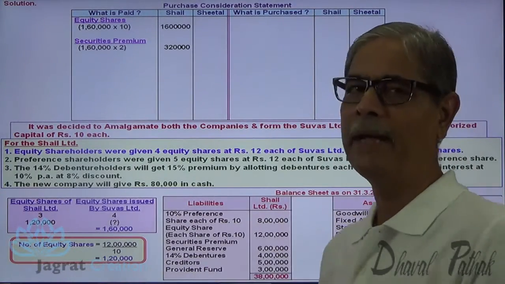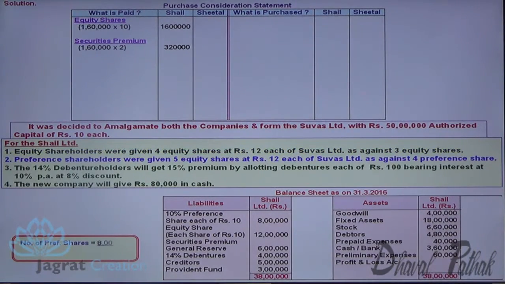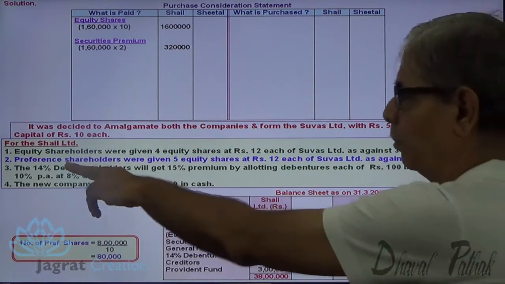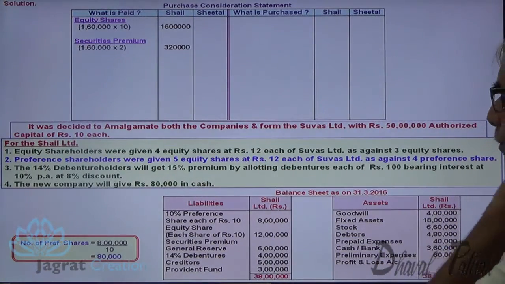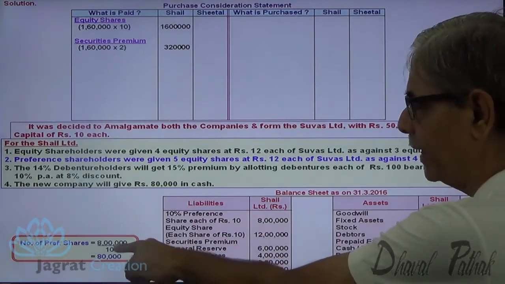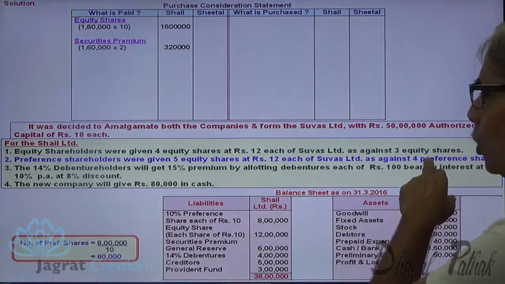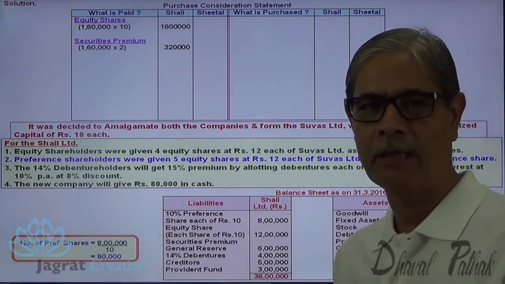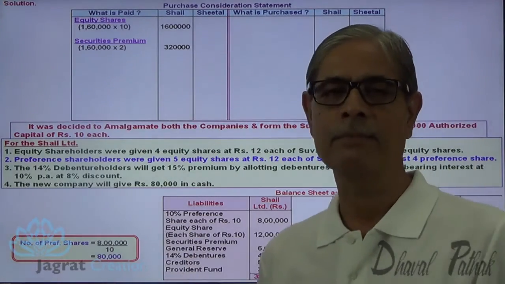Now what is the payment made for preference shareholders? Notice it. Preference shareholders will be given 5 equity shares against 4 preference shares. The number of preference shares is worked out here: 8 lakhs divided by 10, 80,000 preference shares are there. So for 4 preference shares, 5 equity shares are to be given. How many equity shares should be given for a total of 80,000 preference shares?